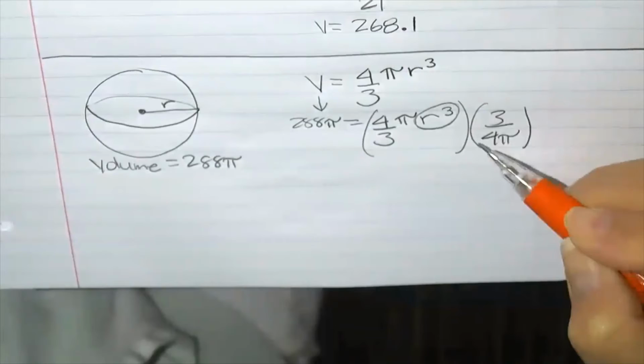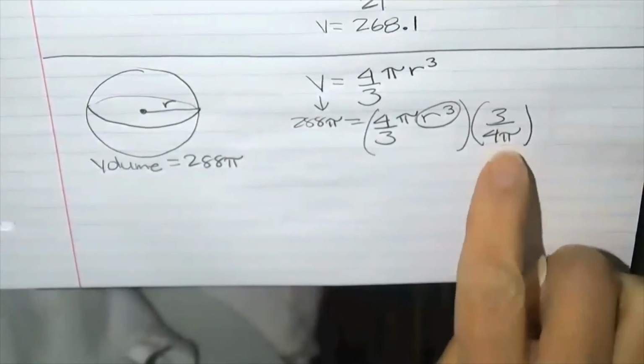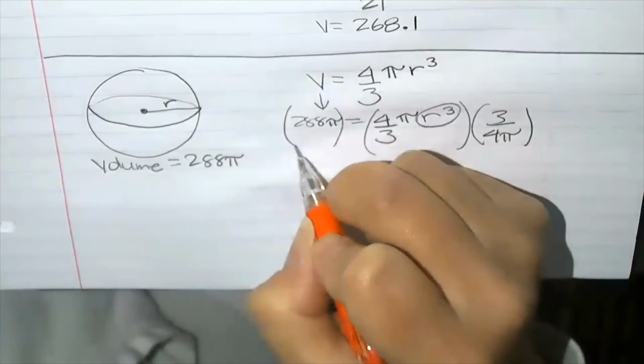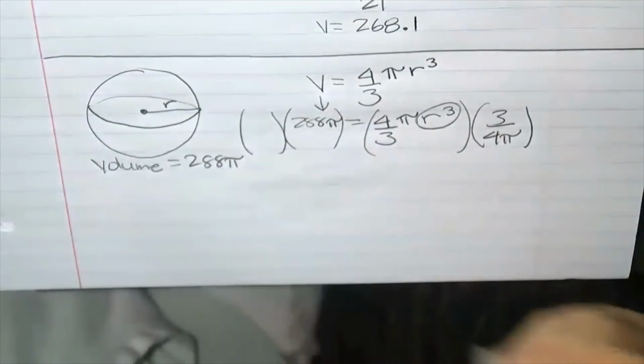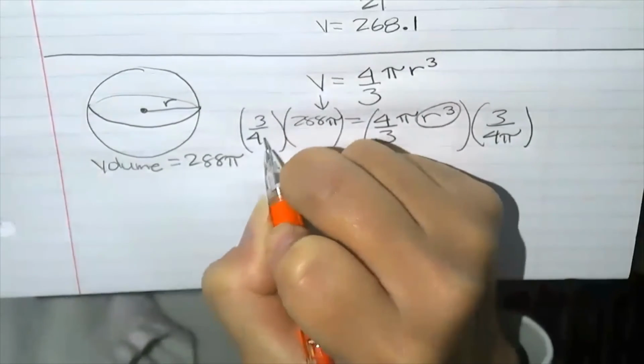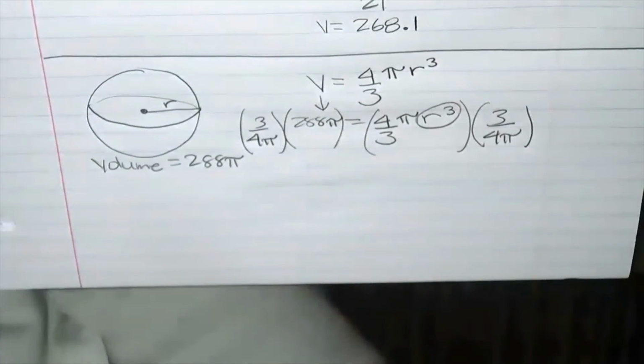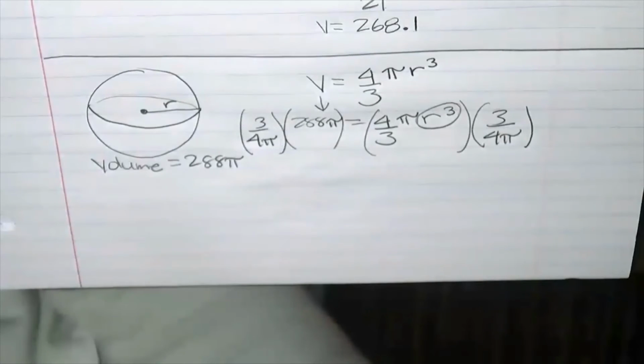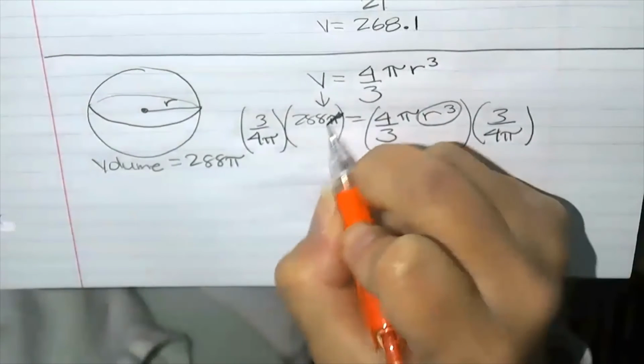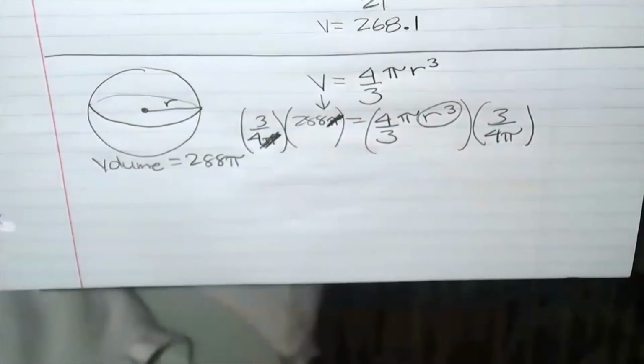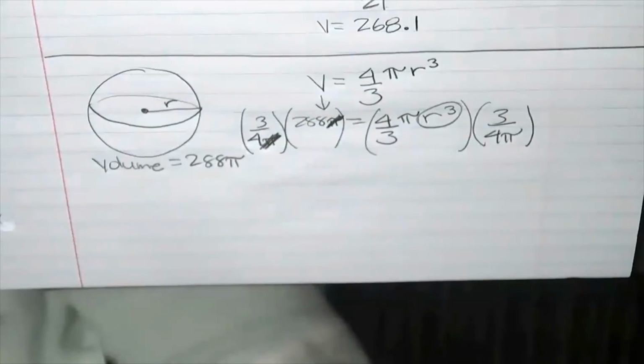I just took the inverse. What I do to one side, I must do to the other. Now look at this. My pi's cancel each other. I no longer have to deal with that. It's gone.